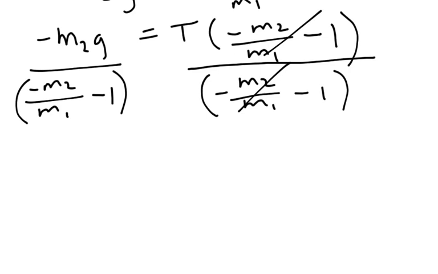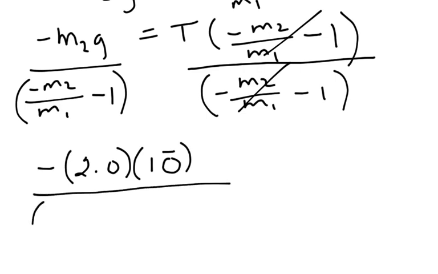So let's plug in our numbers for tension here. I'm going to have a negative, my mass of the second object was 2.0. My g value, let's call it 10. I want the 10 to be two significant figures, so I can put a line over that 0. All over, I have a negative 2.0 for the second mass over 1.0 for the first, minus 1.0 for my 1 value, so that my answer comes out to be 2 sig figs.